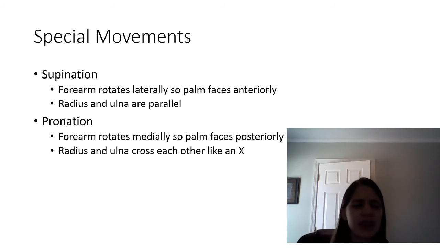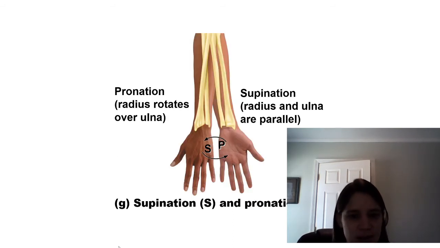A couple other special movements. Supination and pronation. This one is interesting because of the way the muscle and bone situation is set up. You can rotate. Let me see a picture here.